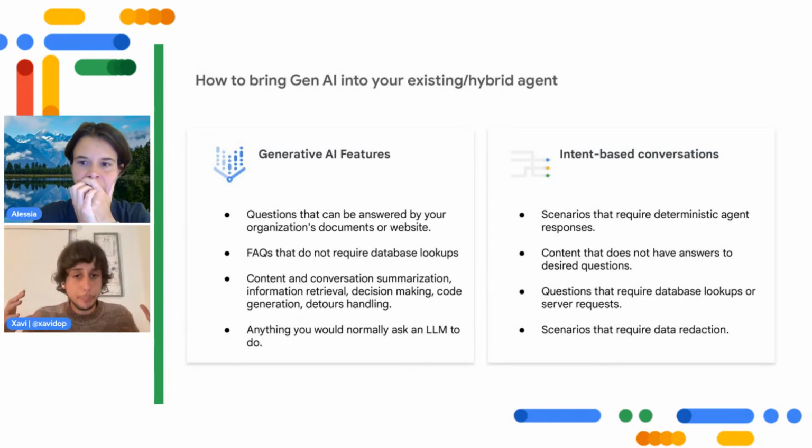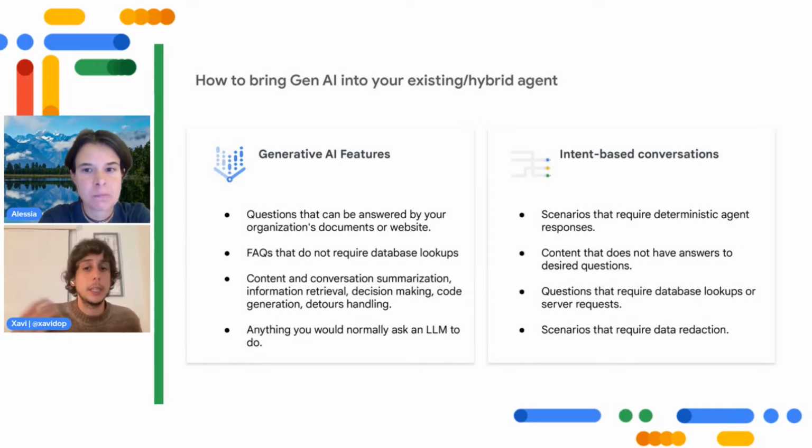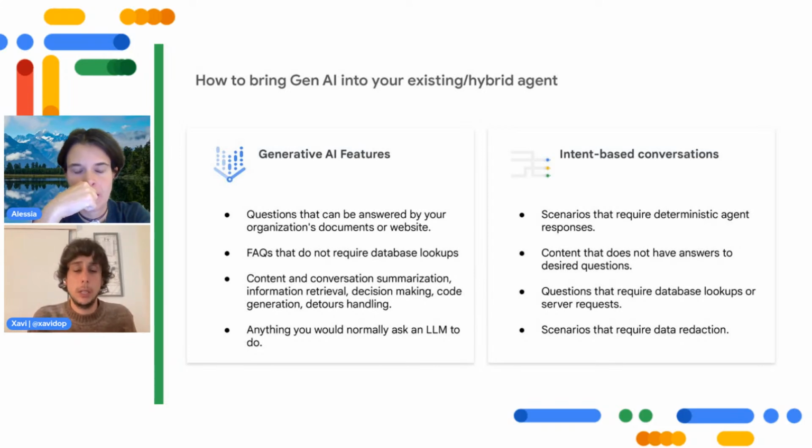In this case, what we would suggest is to use the generative AI features when you want to bring a bunch of information, using data stores in your agents, like websites, a bunch of documents, all that stuff. That is highly recommended for generative AI features. For creating frequently asked question bots with data stores, you can create that super easily.